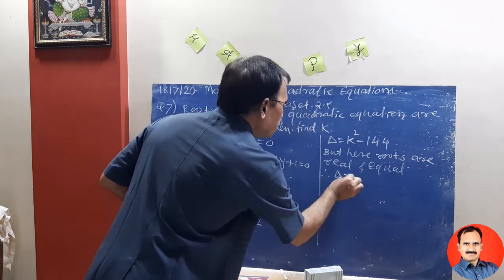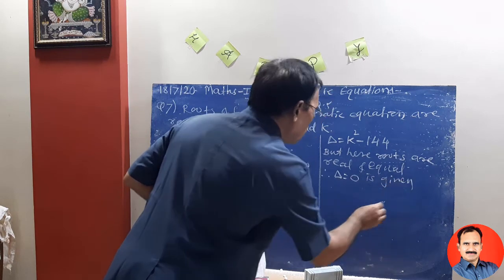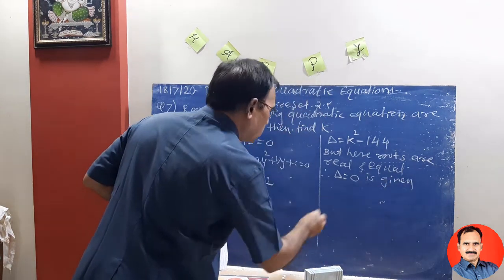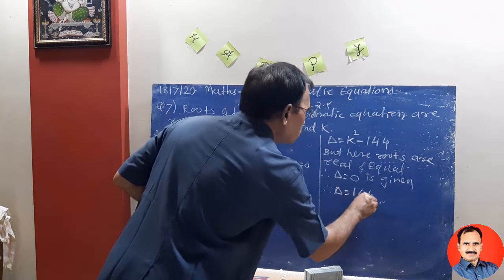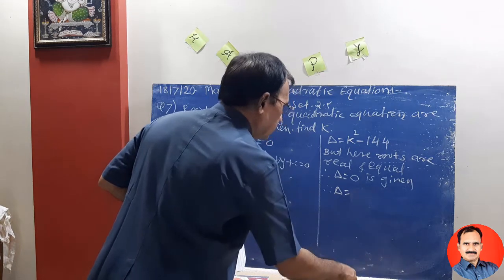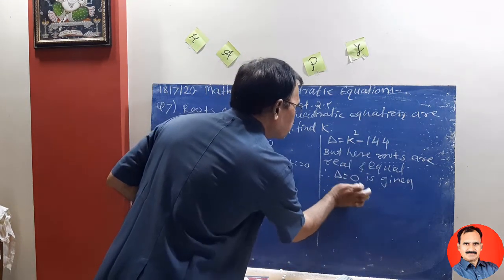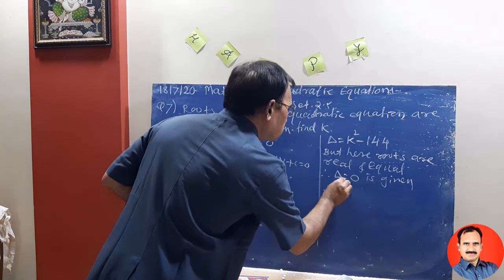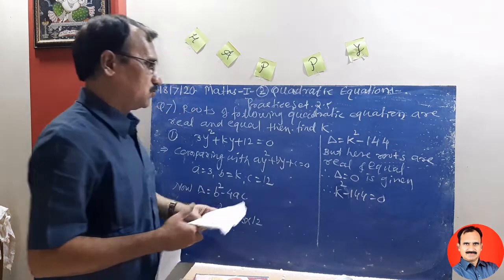Therefore, delta is equal to 0 is given, and therefore the value of delta, k square minus 144, is equal to 0.